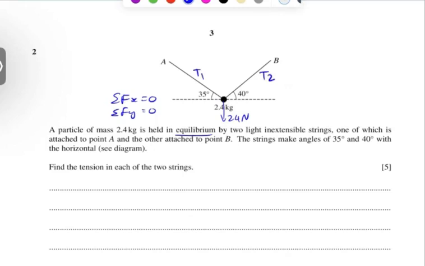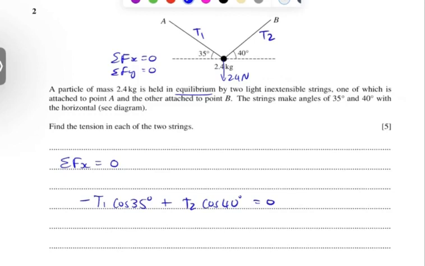Okay, so I'm just going to label it T1 and T2. And then I've got my strategy. My sum of my forces in the x direction should be 0. So I've got minus T1 cos of 35. So T1 has a component in the x direction, and T2 also has a component in the x direction.